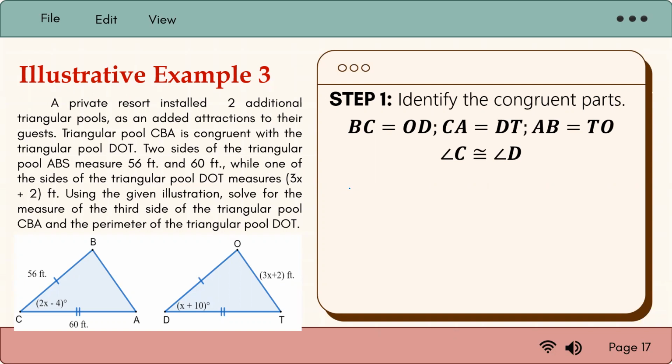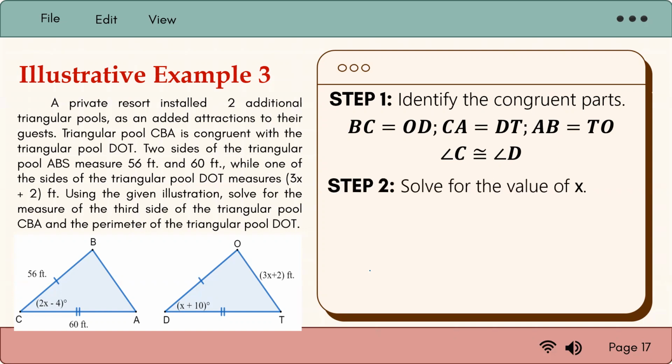The sides that have a measurement, or even the angle. So let's start with BC to OD, CA to DT, AB to TO, and angle C to angle D.